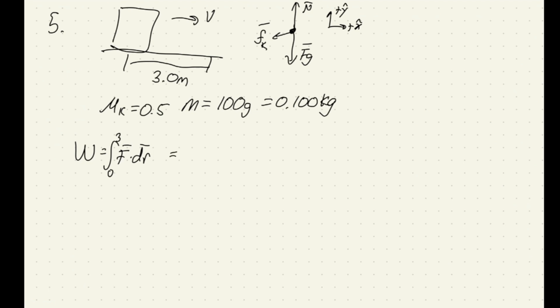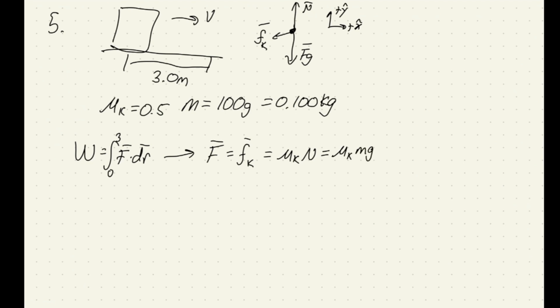My force vector is friction. And that would be equal to mu k times my normal force. But if you look at our free body diagram up here, it shows that our normal force is equal to the force of gravity. So I get mu k times n, which is equal to mu k times m times g.